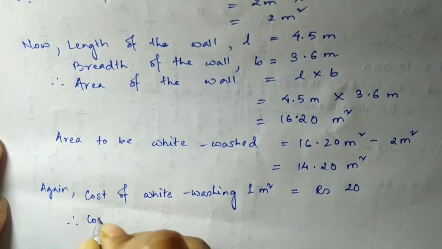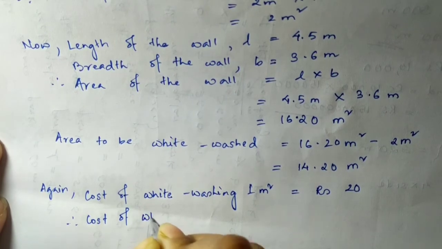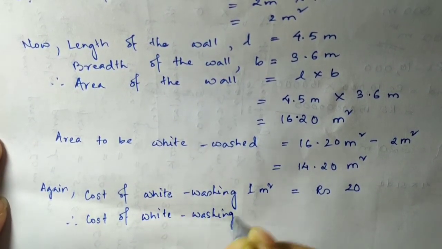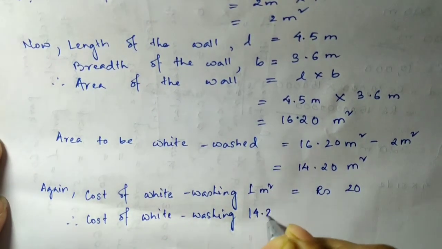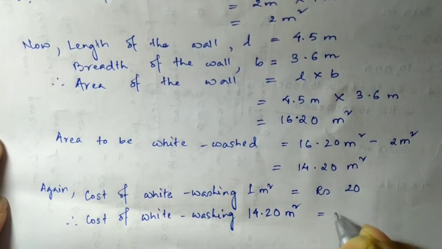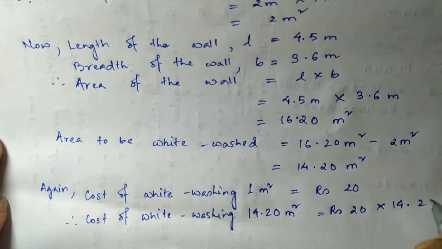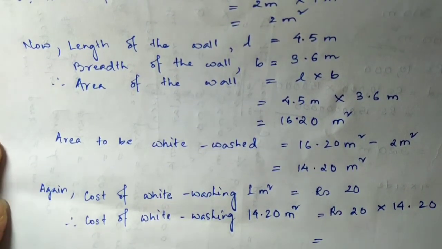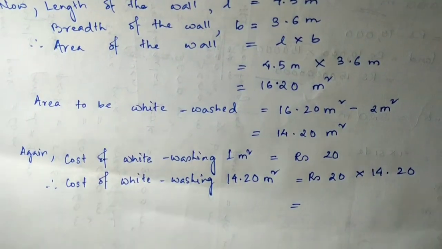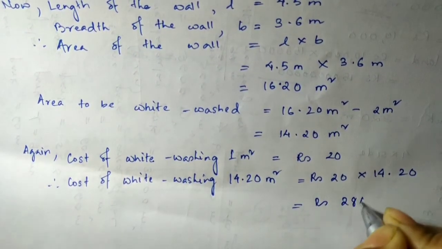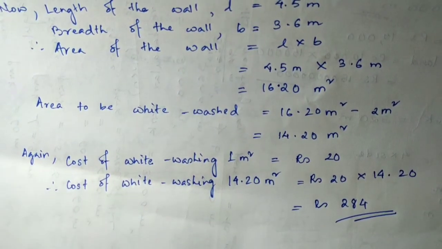Therefore, the cost of whitewashing, how much will I whitewash? This much, 14.20 meters square, will be equal to ₹20 into 14.20. So let's multiply them and see what the answer is. It will be equal to ₹284, and this is your answer.